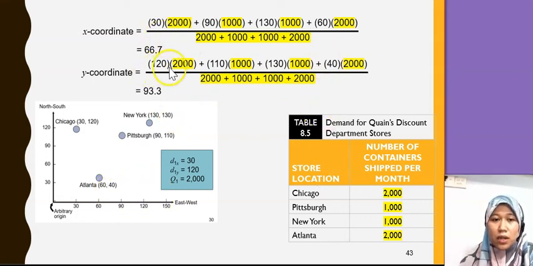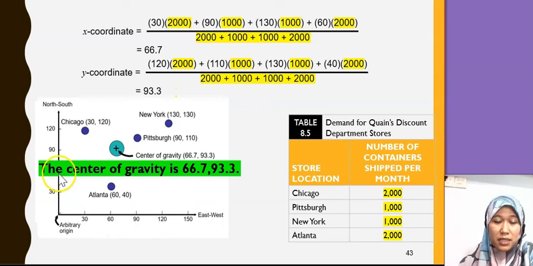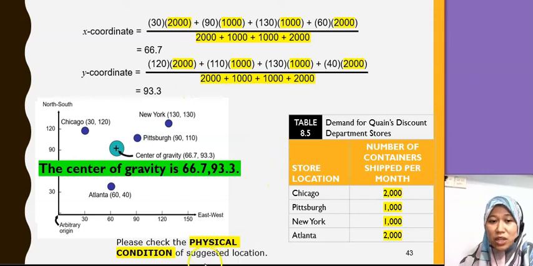Okay, so you dah campur, darab dulu, campur, bahagi and you dapat 93.3. So cara nak jawab is that the center of gravity is 66.7, 93.3. Okay, that's the answer.